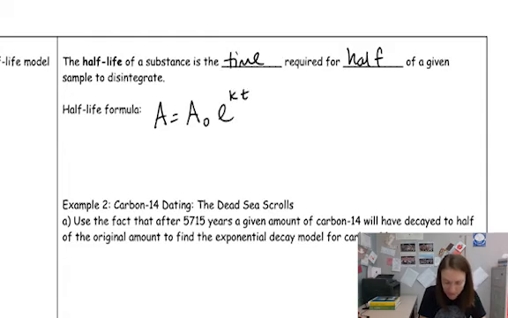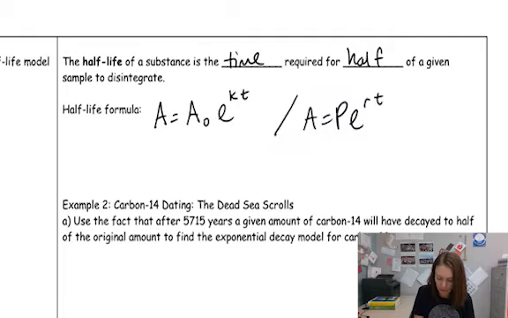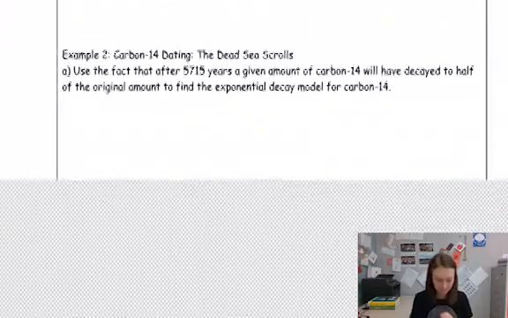I want you to use the same formula as we were doing, A equals P e to the rT, if that's easier for you. The half-life formula isn't any different than this one. It might look different, but I really want you to understand what that formula is coming from, and it's based from this one. So let's just use this.